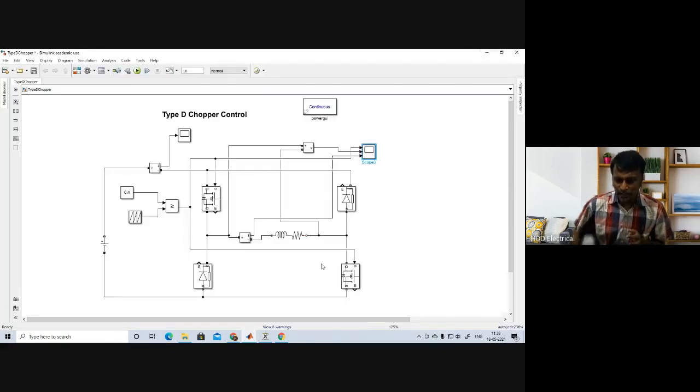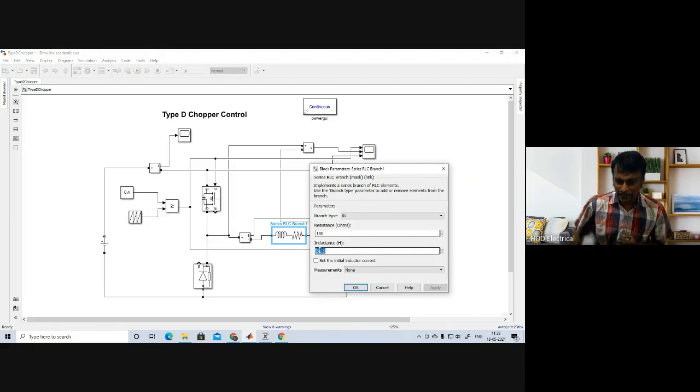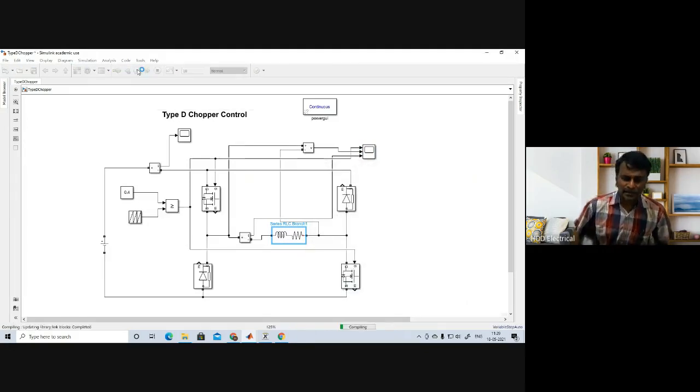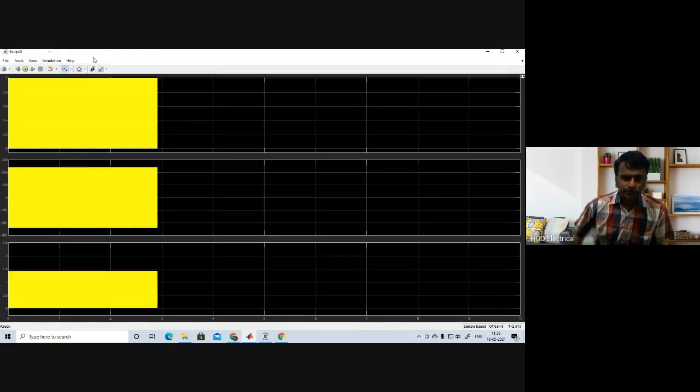But based on the inductor value, let me check with an inductor of maybe 9 millihenry. Some changes may occur. The energy releasing time of the inductor will also increase. Let me check whether we are getting this value.